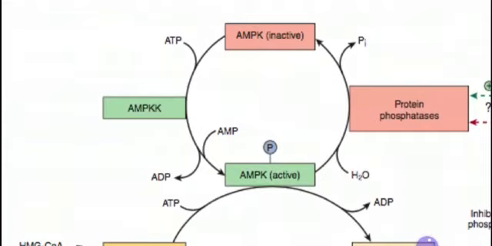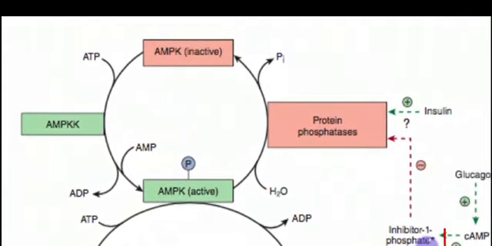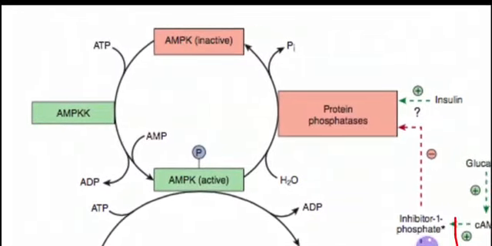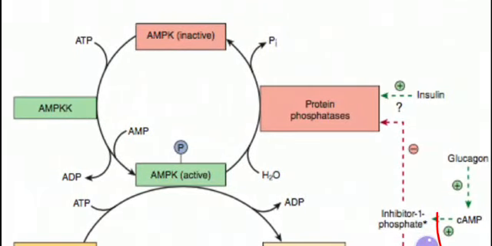AMPKK is AMP activated protein kinase, right? And its dephosphorylation is done by the protein phosphatases, which will dephosphorylate AMPK, and the dephosphorylated form of AMPK will be inactive.